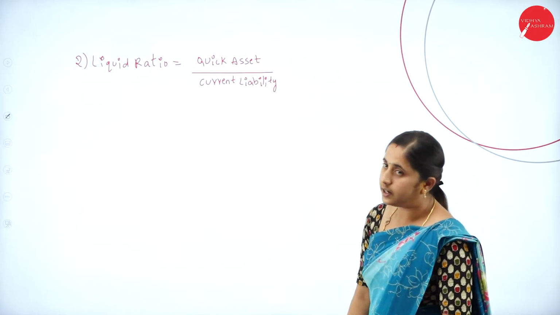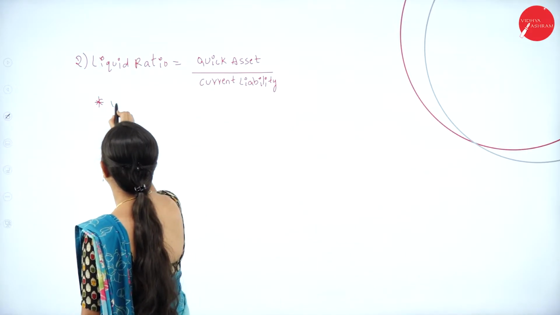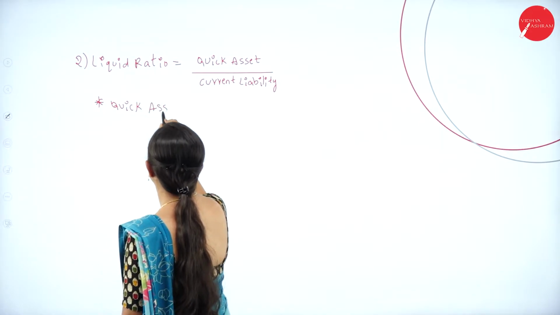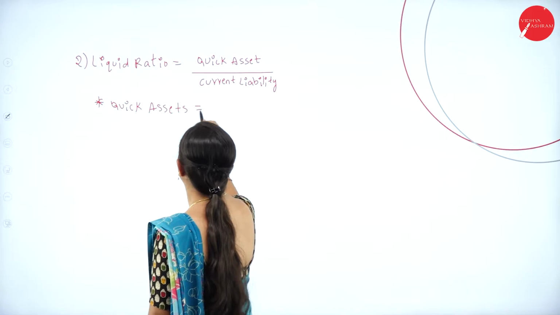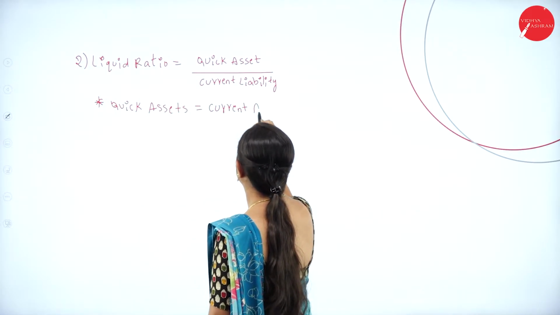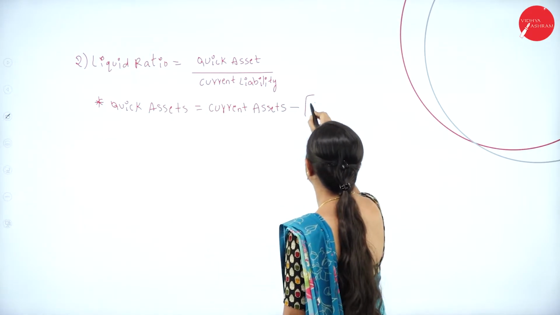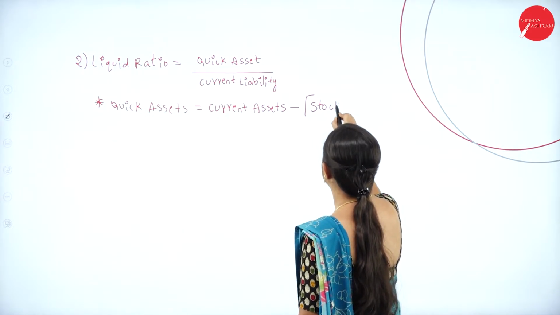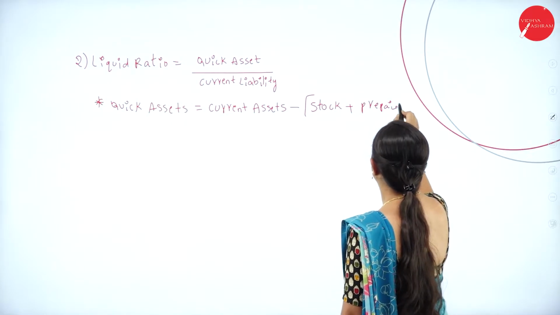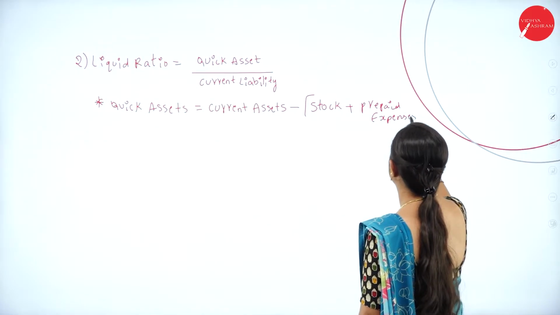We have current assets. Quick assets is equal to current assets minus stock plus prepaid expenses.